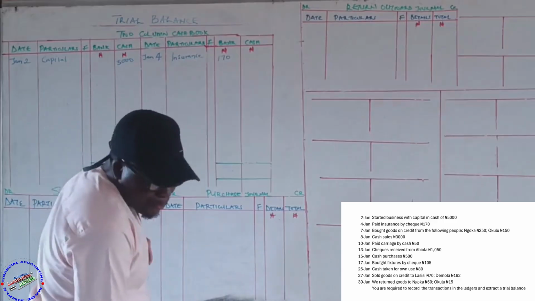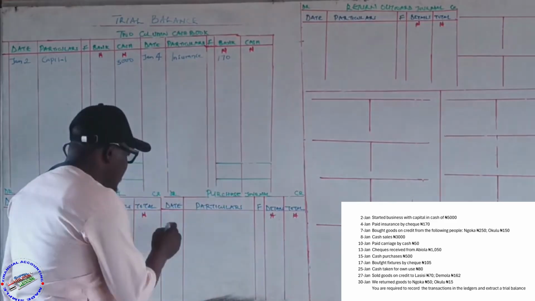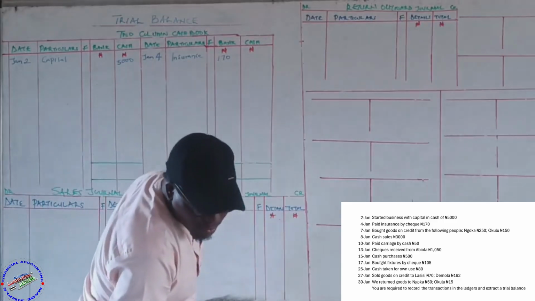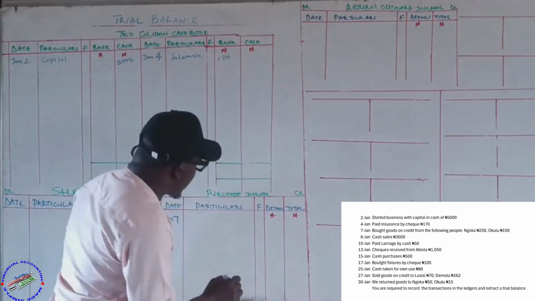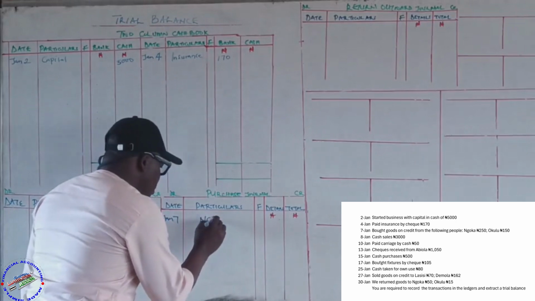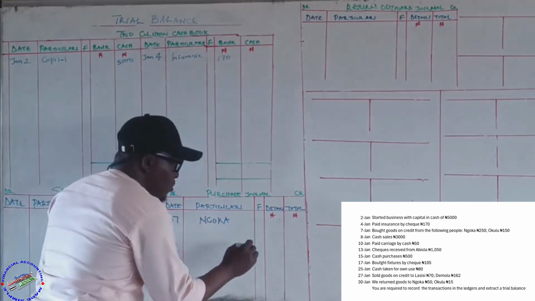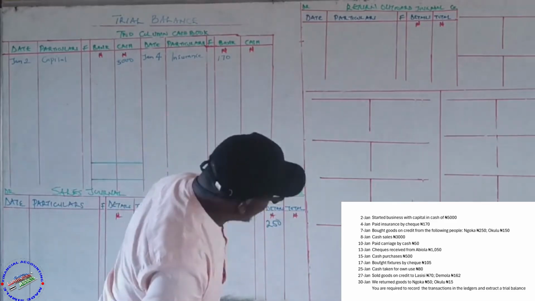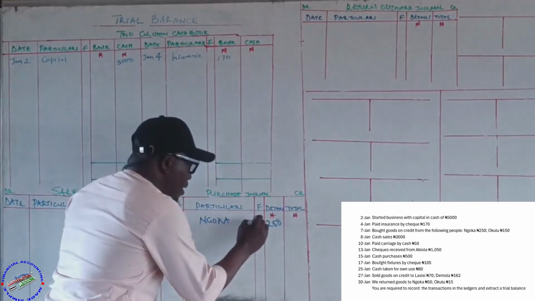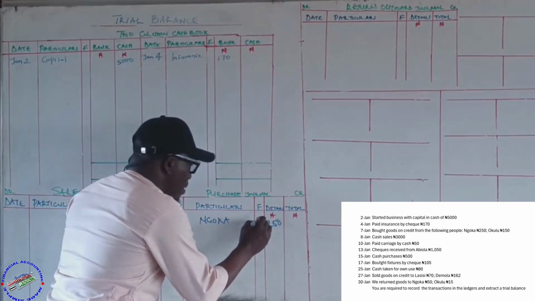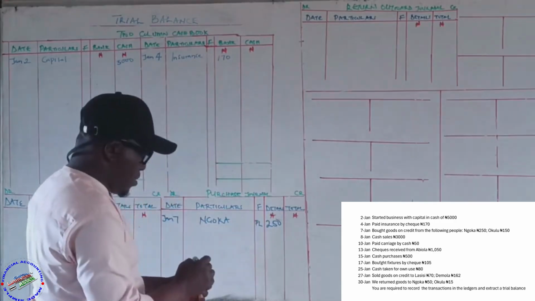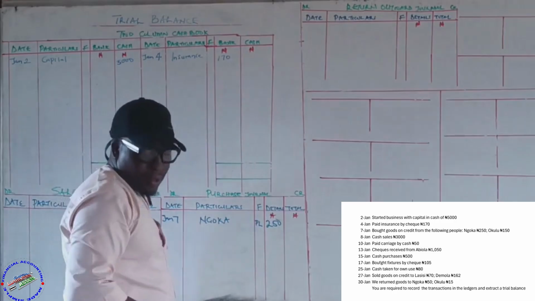So we have January 7, Ngoka, 250. Under the folio, you can put PL, purchase ledger.